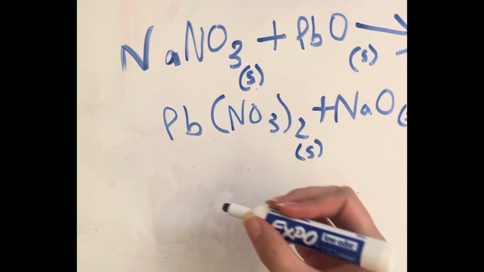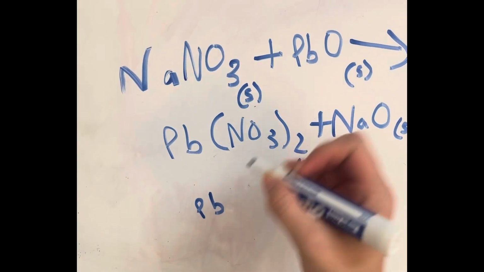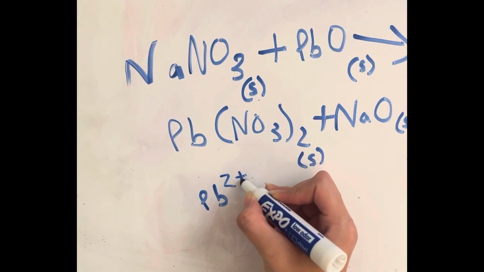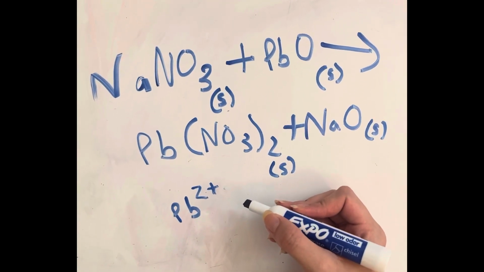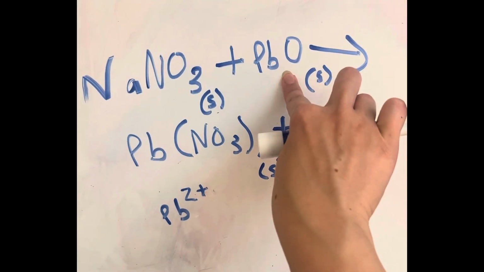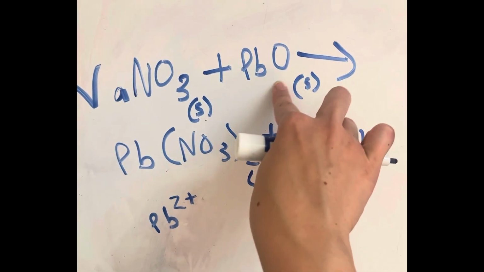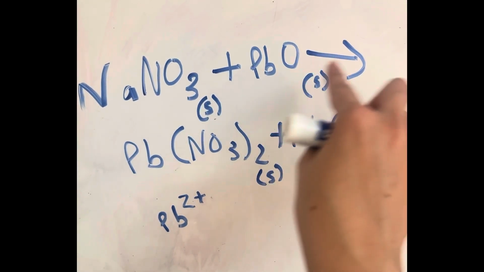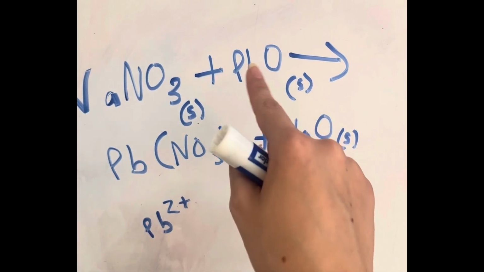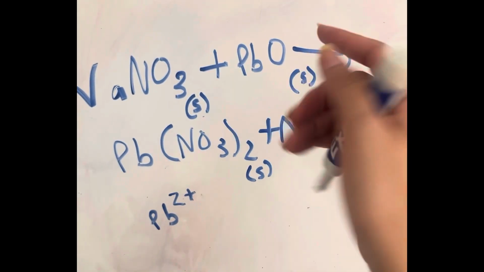All right, so you're probably wondering why this is what it is. Okay, well look, Pb in this case, we can tell from here that Pb has a 2+ charge. It doesn't have to be because it's a transition metal, so it could be like a 1+ charge, etc., right? But because we know that oxygen has a 2- charge, and because Pb and oxygen here are balanced, meaning they both have the same subscript, we know Pb in this case has a 2+ charge.